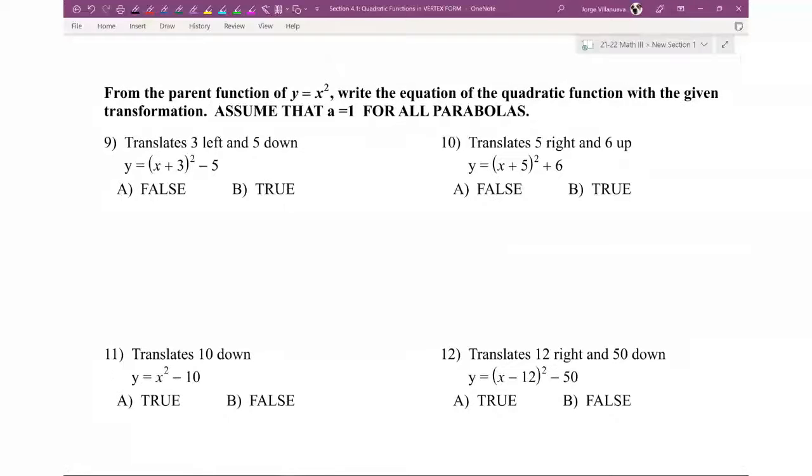So, if they tell you this equation tells you to move 5 to the right and 6 up, is it true or false? So let's see. 6 up, plus 6. Is that true? Yeah, positive 6 means to go up 6. 5 right. In order to go 5 right, I need to get a -5 in the H position. That's not true. It says +5.